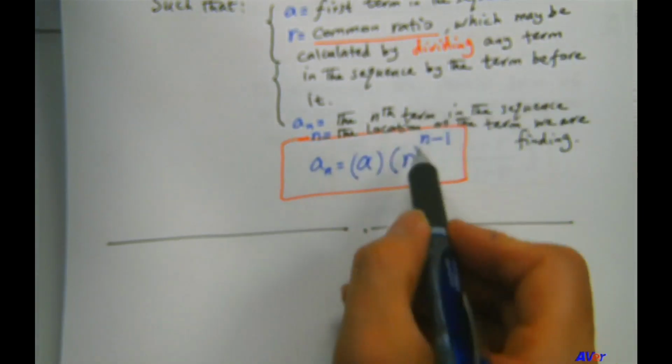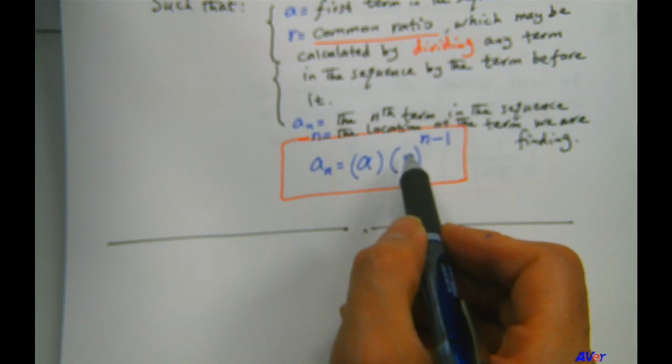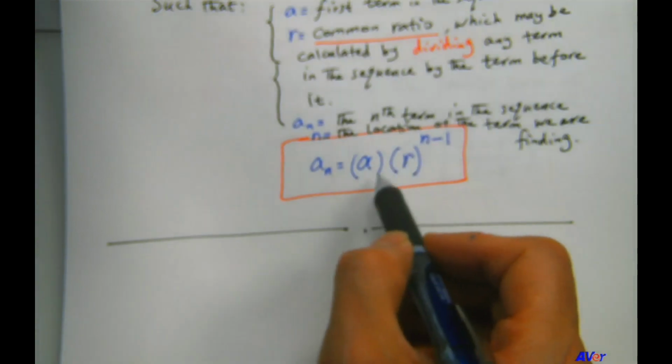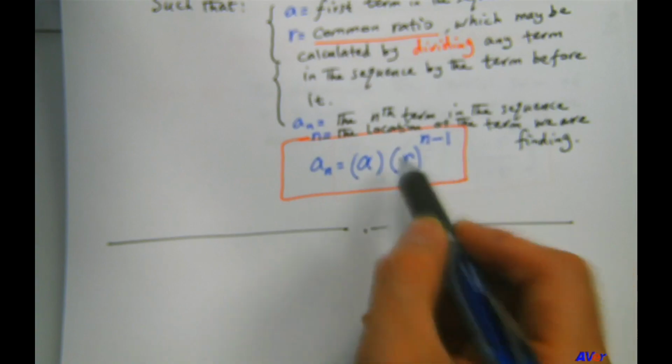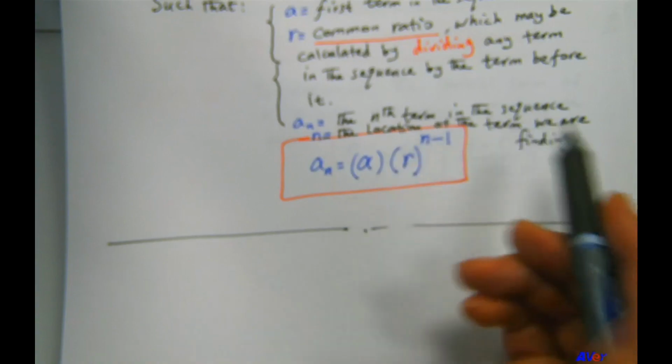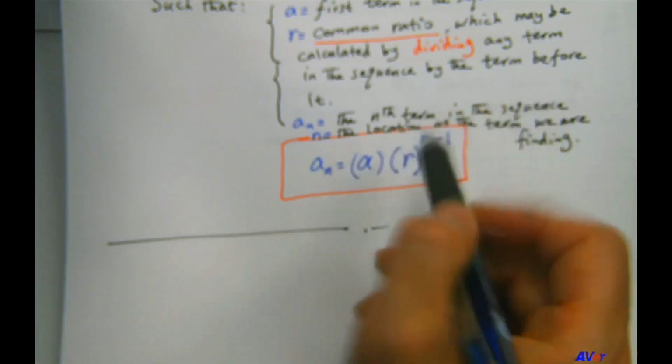So in this formula, if you're looking for the fifth term in the sequence, n is 5. If you're looking for the 11th term in the sequence, the n would be 11. 20th term, n would be 20. Okay? That's what n and a represent here.